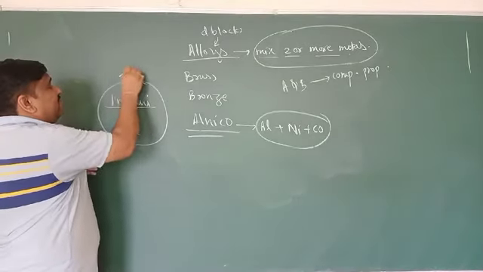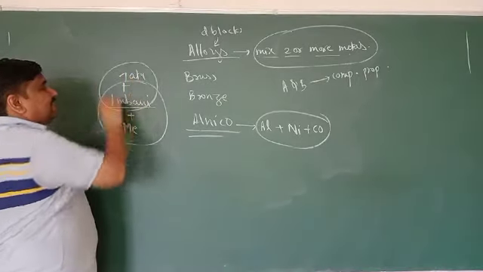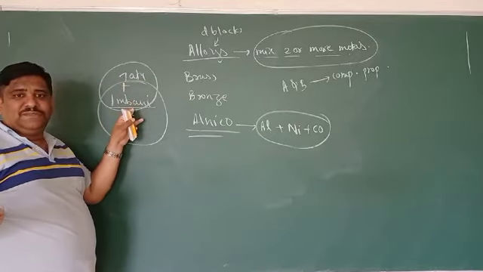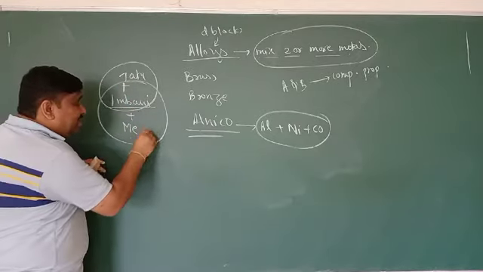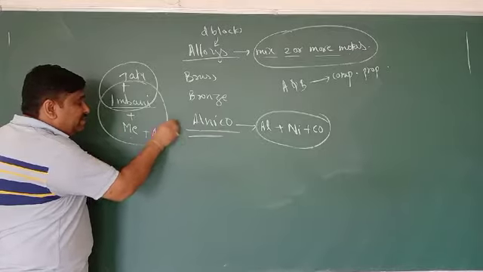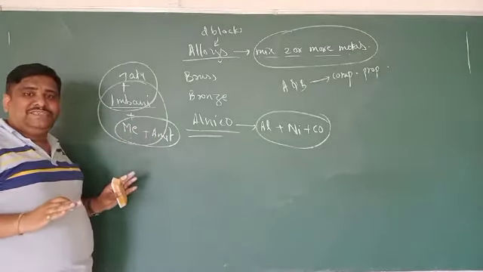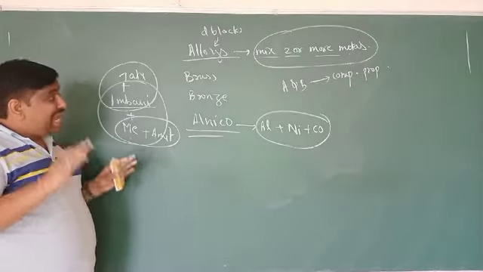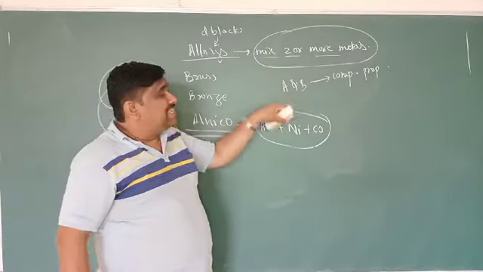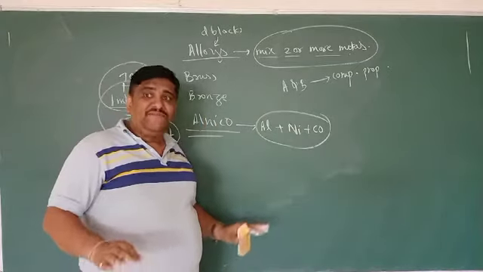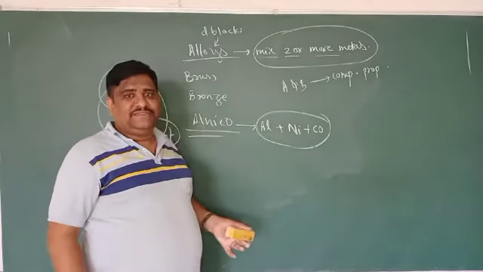Ambani and Tata can make friendship, isn't it? Tata is also a rich person, and Ambani is also a rich person. Me and Amit sir can do the friendship because we have relatively comparable properties. Likewise, if two metals have comparable properties, then only they can mix.